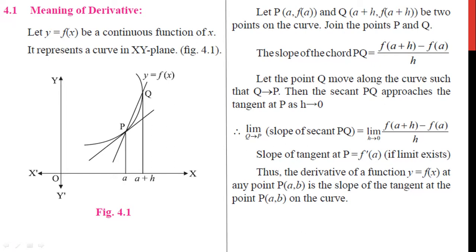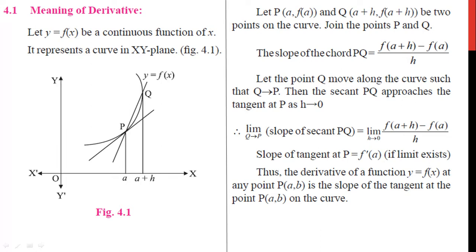Geometrically, when we move the point Q towards point P, we write limit Q tends to P of the slope of secant PQ, means as above, limit h tends to 0 of f of a plus h minus f of a upon h, where f of a plus h minus f of a upon h is nothing but the slope of chord PQ, and we have taken the limit h tends to 0 on it.